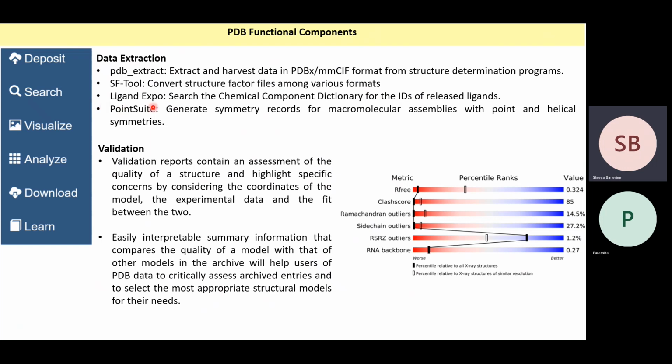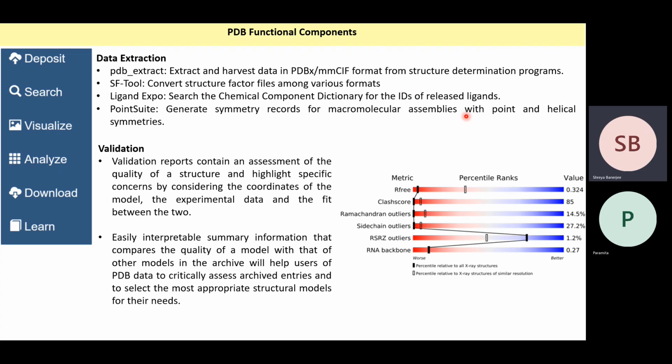Then the tool called Ligand Expo will search the chemical component dictionary for the IDs of released ligands. So suppose you have discovered the structure of a new enzyme and you want to find out what ligands can couple with the enzyme. From the Ligand Expo, you can find out different ligands and you can simulate.